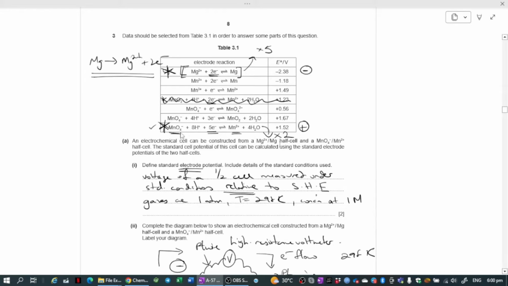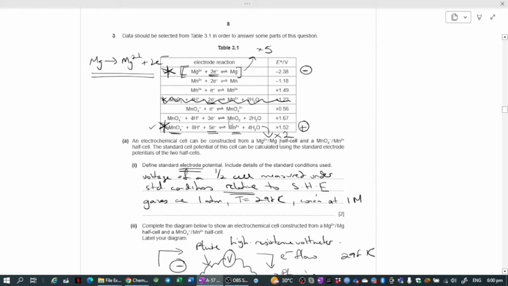Now, what is important to remember, again, is that the manganate-manganese half cell will proceed in the forward direction as shown. You have to be very mindful to reverse the direction of the magnesium half cell, because as we said, if the manganate cell is being reduced, it means the magnesium half cell has to be oxidized. So magnesium must go to form Mg2+.